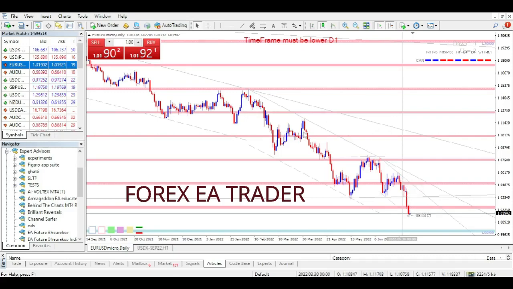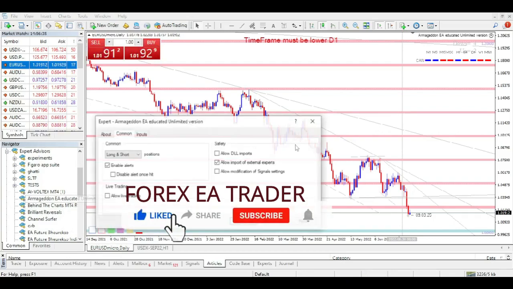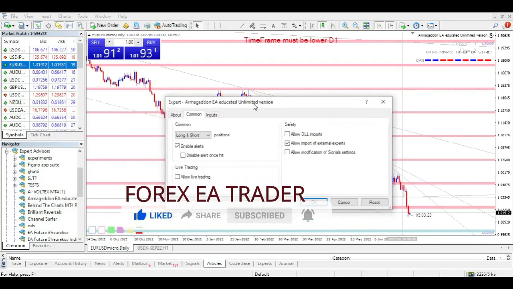So that's what you want to do. You want to get onto your charts, whether you're using daily time frame, weekly time frame, whatever higher time frame you are comfortable with. Find the direction of the market. Take your robot. This is channel safer. I don't know what it does. Is that a robot? No, it's not working. Then you come and you tell the robot to only do one thing.